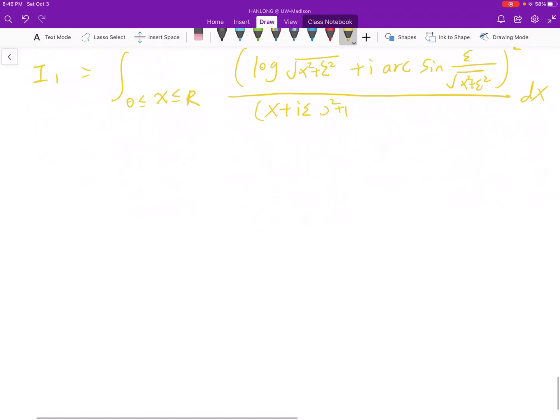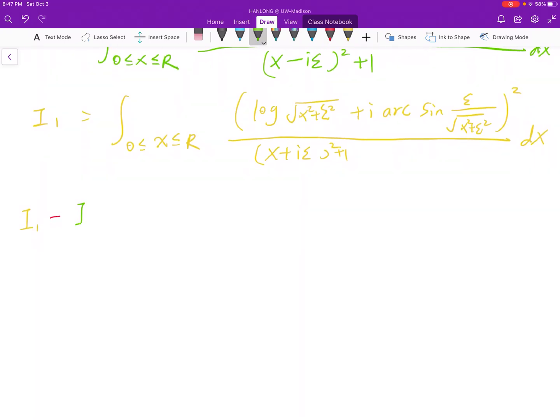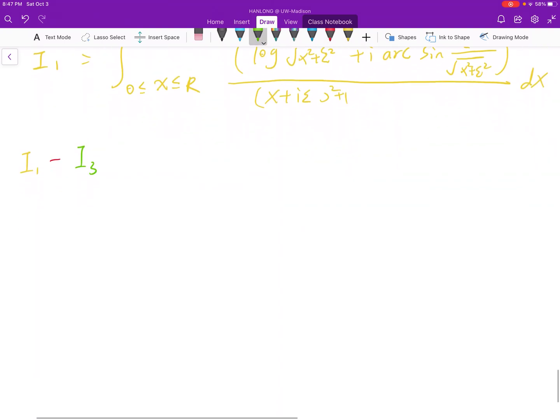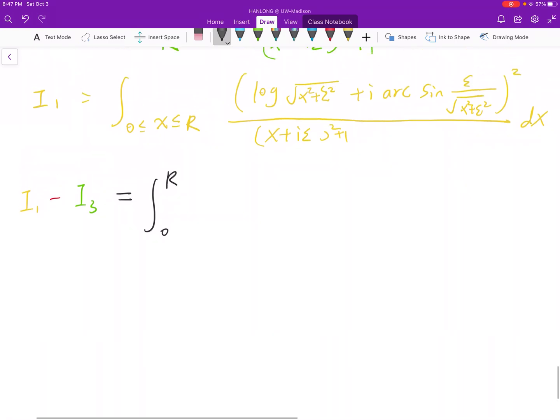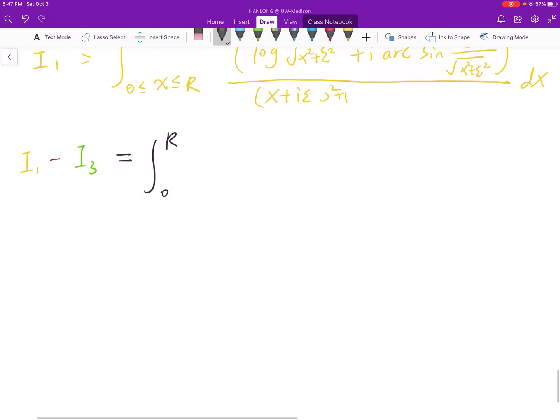Okay, now we need to compute I1 minus I3, and this is given by the integration from 0 to r. I just copy the two formulas and expand the numerators.